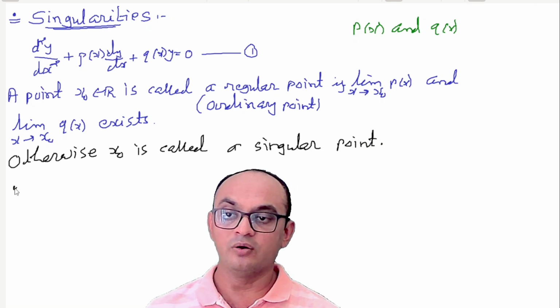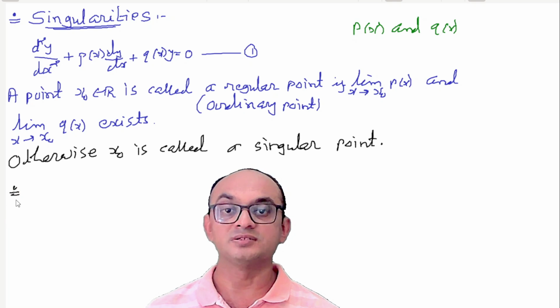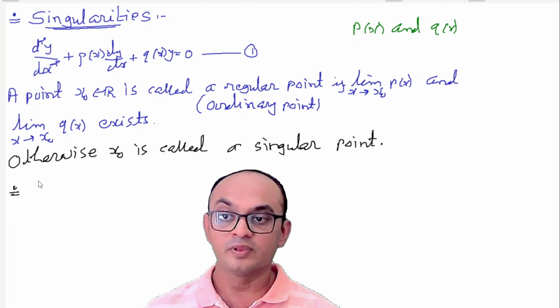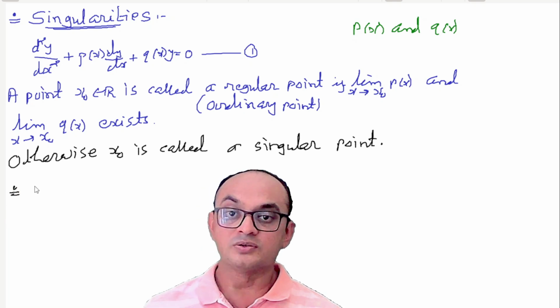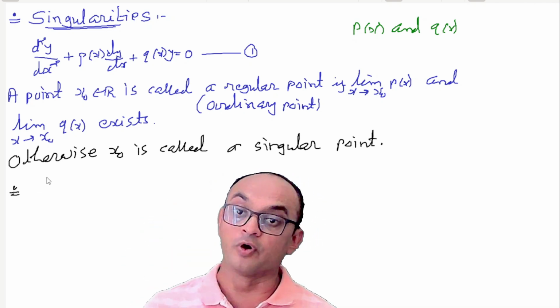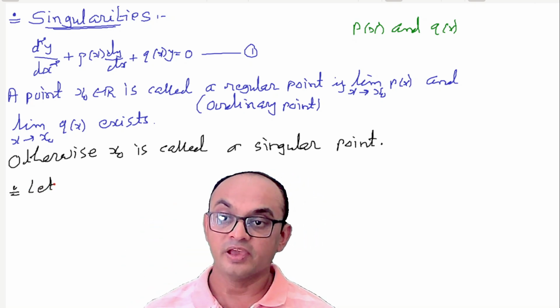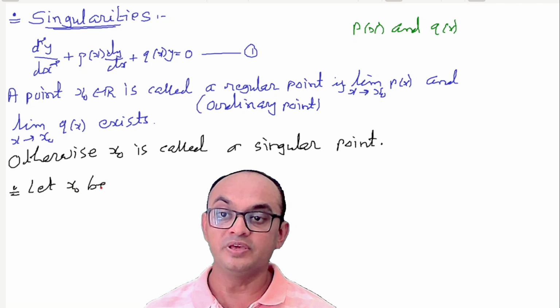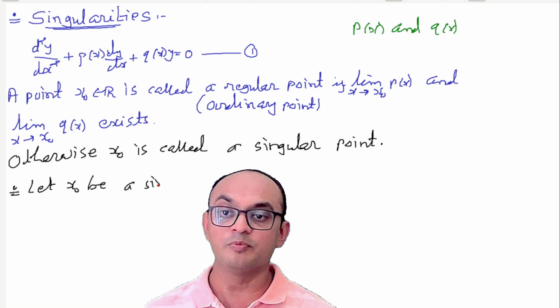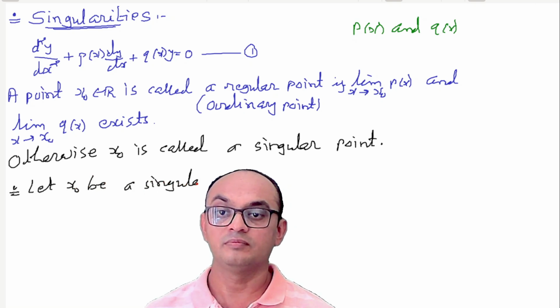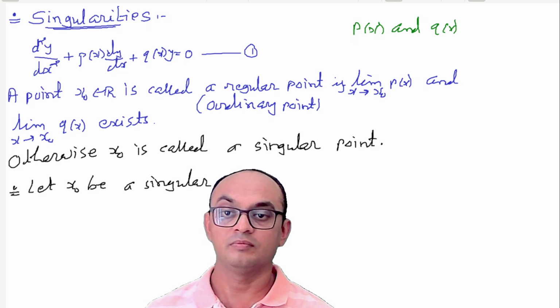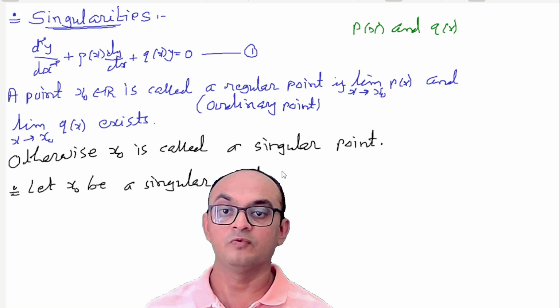Now we have a bifurcation in singular points also. Suppose x0 is a singular point for equation 1.